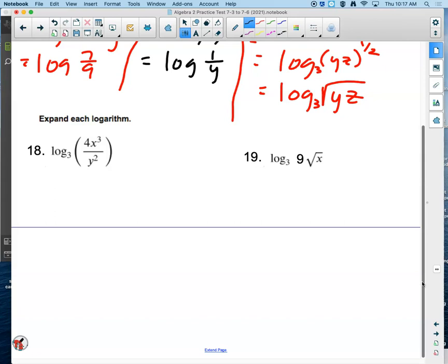Oh, for 18? Oh, go ahead and write this one down. Logarithm base 3, 4x to the 3rd over y squared. I caught one of the other ones that was different, but I didn't catch that one. Oh, interesting. All right.